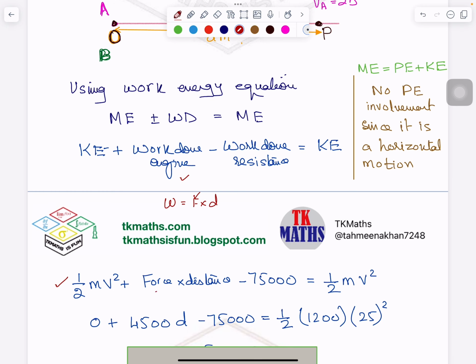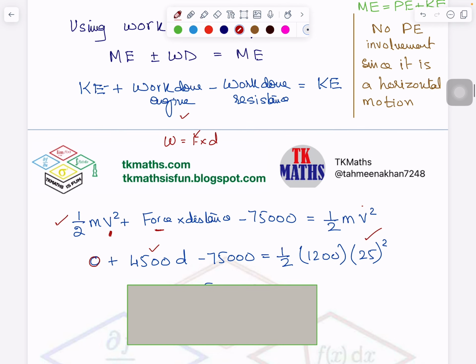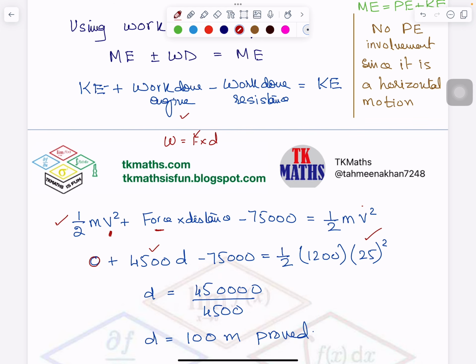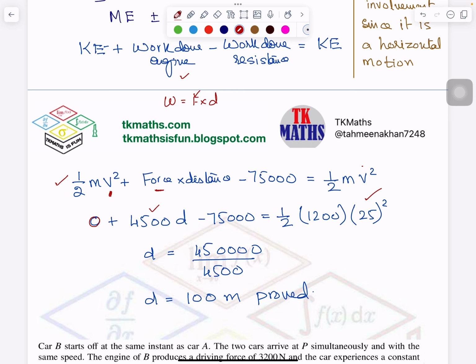So the force of the engine was given to you, 4500. Initially the car was at rest at O, so I have written 0 because velocity was 0. But at point P the velocity was 25 meters per second. So I have plugged in the values and I will solve the equation to get the answer of d, which is 100 meters, and we have proved it, right?